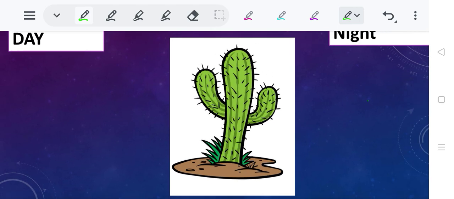So in daytime, we know there is a source of sunlight, which is sun. So during day, stomata is closed because in desert there is too much hot weather, and when the cactus will open stomata, because it's a desert plant, right?